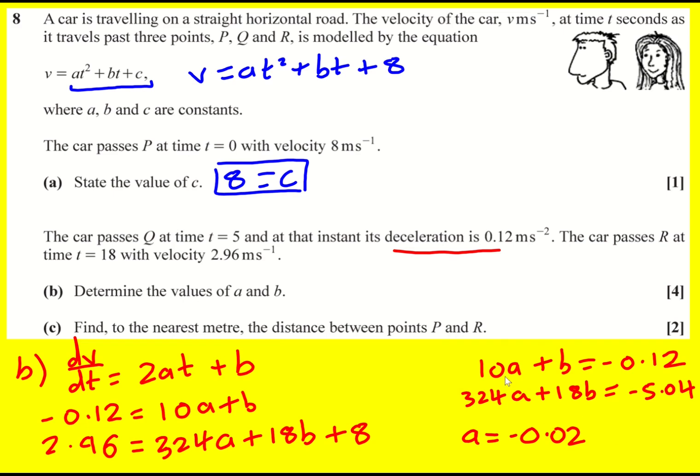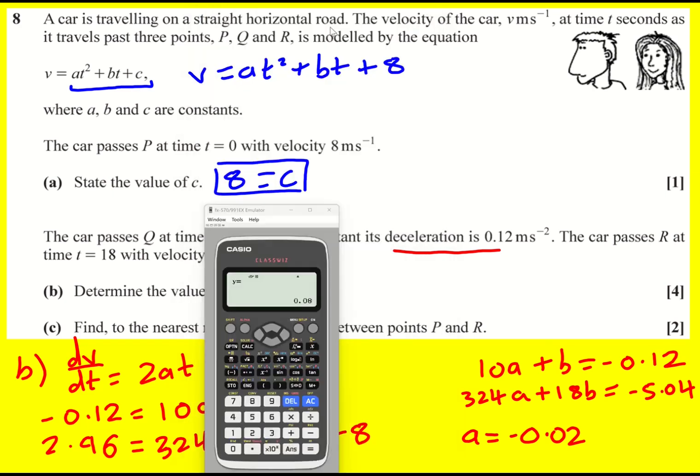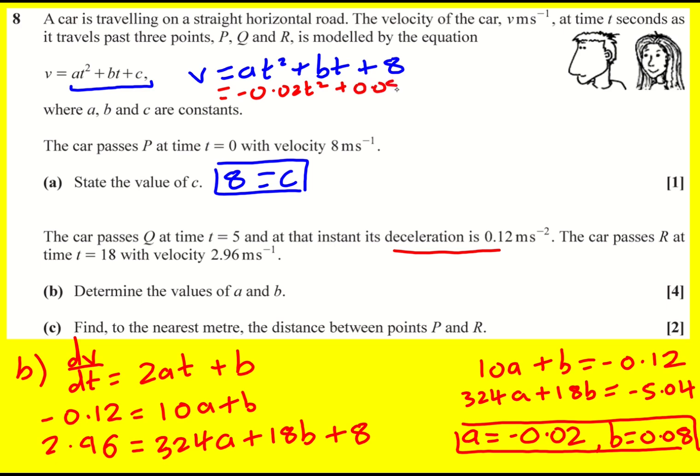I think I'll stick with decimals rather than fractions. And then b is 0.08. Okay, and at this point, I think I'm just going to update it again. So we've got minus 0.02 t squared plus 0.08 t plus 8.